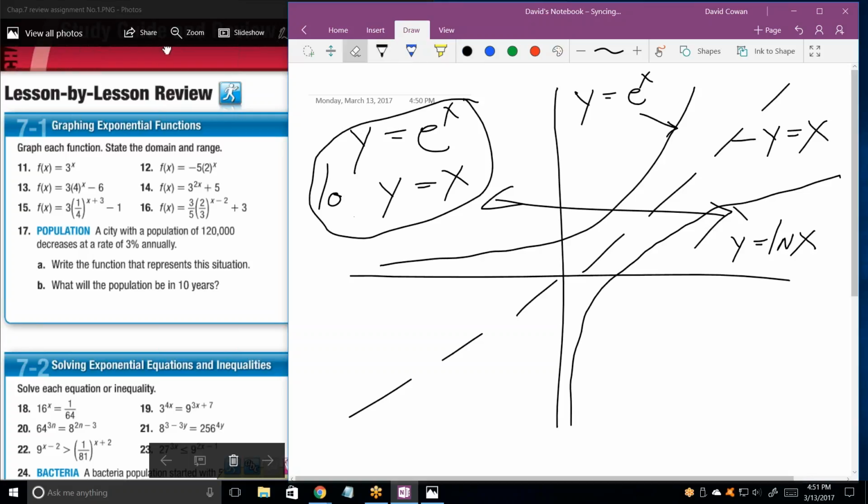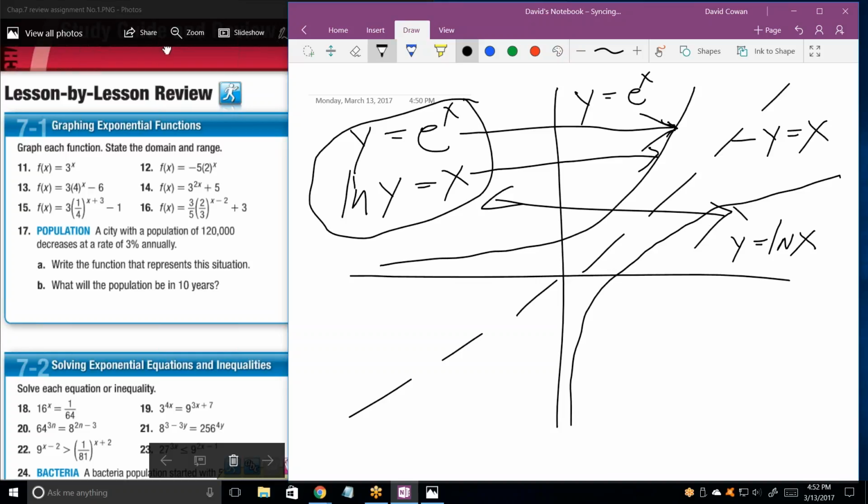One is not the inverse of the other. In other words, natural log of y equals x means exactly the same as y equals e to the x. And in fact, both of these are that curve. Notice the difference: this is y equals natural log of x, this is natural log of y equals x. So they're not the same. However, it is true that natural log is an inverse of exponential.